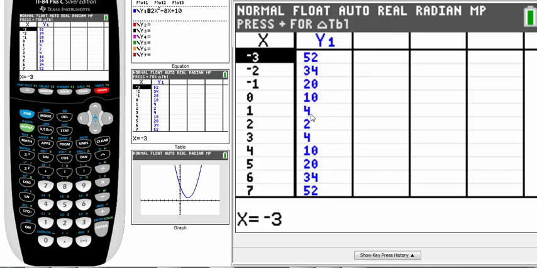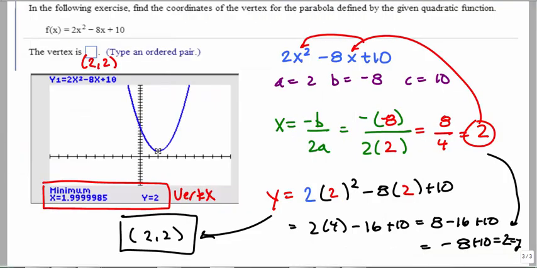Also see a lot of symmetry here. Notice it goes 4, 4, 10, 10, 20, 20, and we'll use that in a little bit. But this tells us if my x is 2, y is 2. So you can come over here and find that value as well. So that's how we can find the vertex, either given standard form or non-standard form. Kind of just depends on where we start.